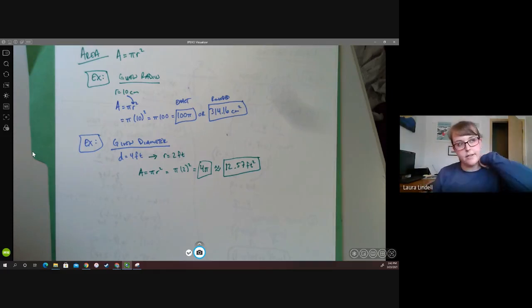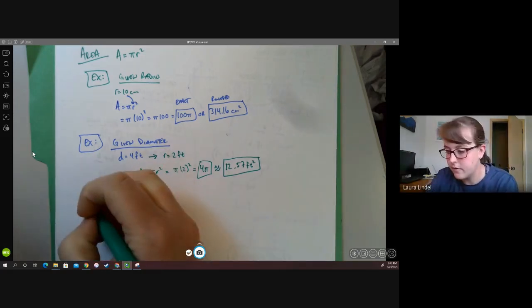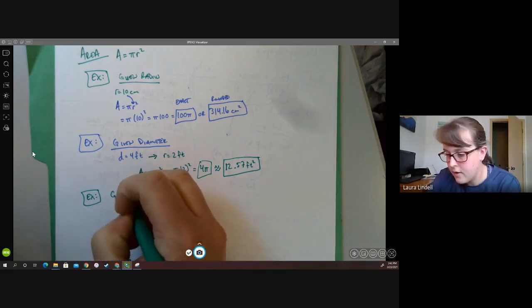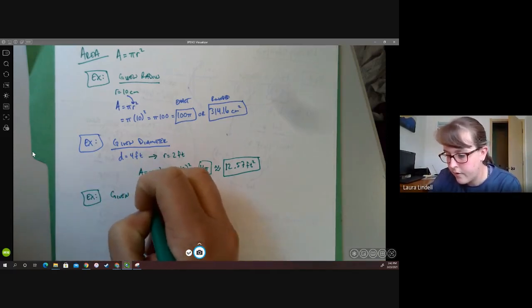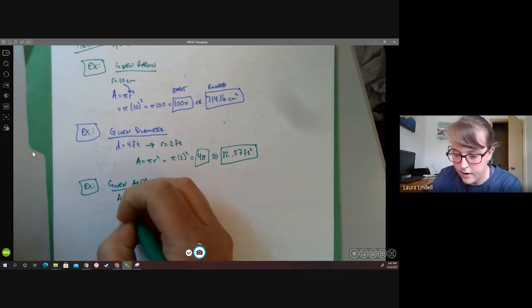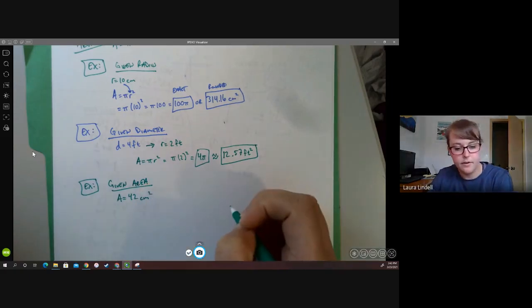The last one we're going to see today is if we're given the area, we want to be able to find the radius, the diameter, and then even the circumference. So for this one, we are being told area is 42 centimeters squared.